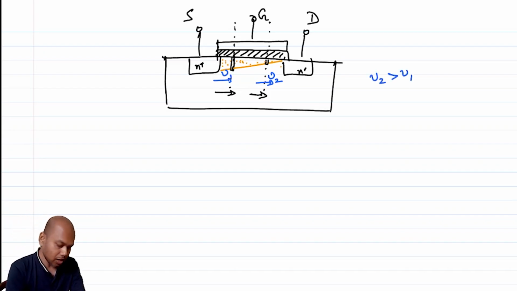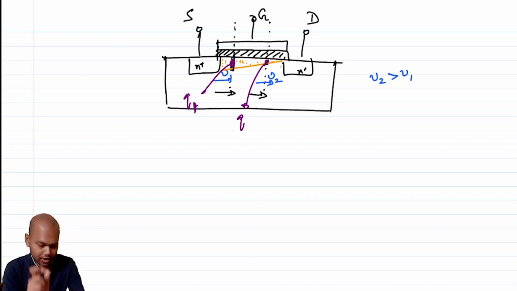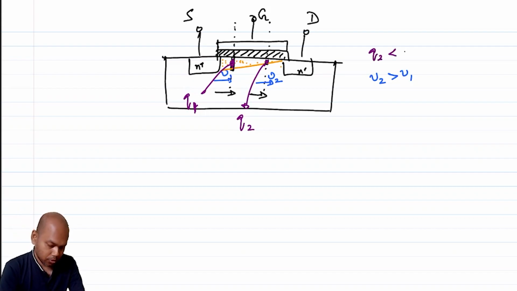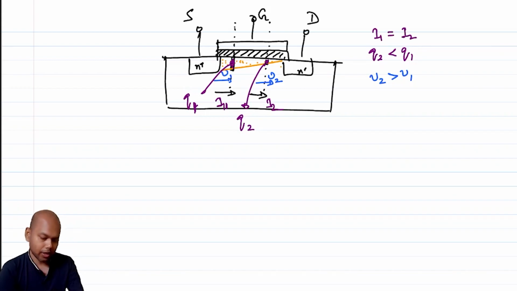V2 is greater than V1 because, if I call the amount of charge concentrated around this snippet Q2 and the other Q1, since Q2 is less than Q1 and I2 is equal to I1, therefore it makes sense that V2 is greater than V1, right?